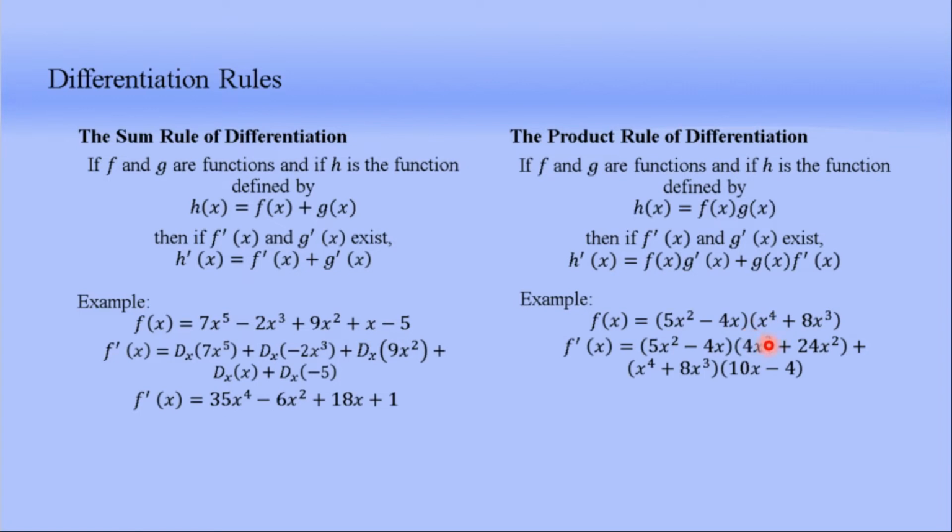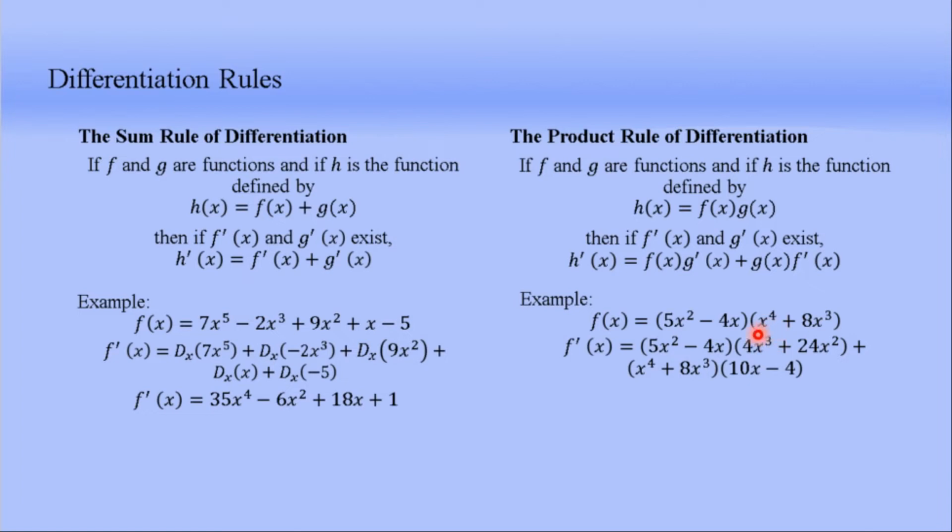So what is the derivative of x raised to the 4th power? That is going to be 4x cubed. Again, the rule that we applied is the constant multiple rule of differentiation, as well as the power rule for positive integers.